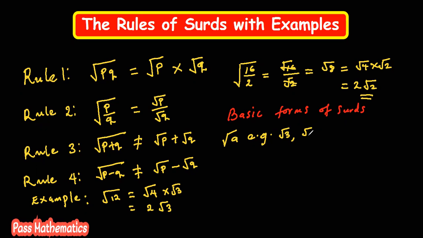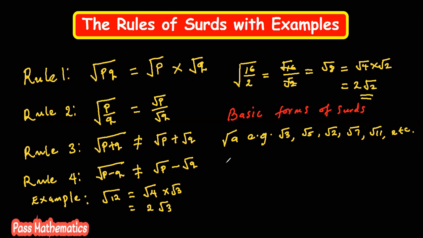Root 5 is in its basic form. Root 2 is also in its basic form. Root 7 as well. Root 11, and so on and so forth. Because they cannot be broken down into factors in which one is going to be a perfect square, we call this type of roots basic forms. But if they can be broken down, they are not in their basic forms.